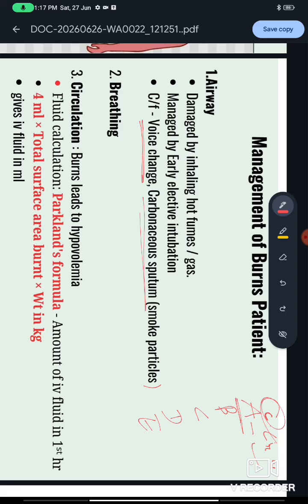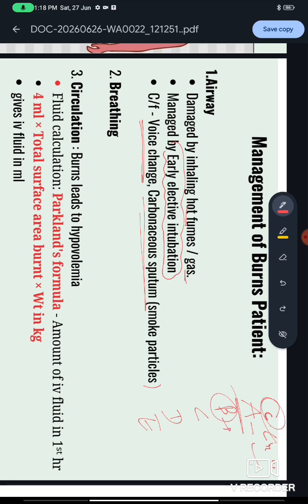There may be carbonaceous sputum, that is presence of carbon particles or smoke particles. Black colored sputum may be seen in burns patient. How is airway damaged? It is damaged by hot fumes and gases. Treatment includes early elective intubation, tracheostomy, nasogastric tube, whatever suits the patient and the clinical situation the best, we have to go for that. Next is breathing.